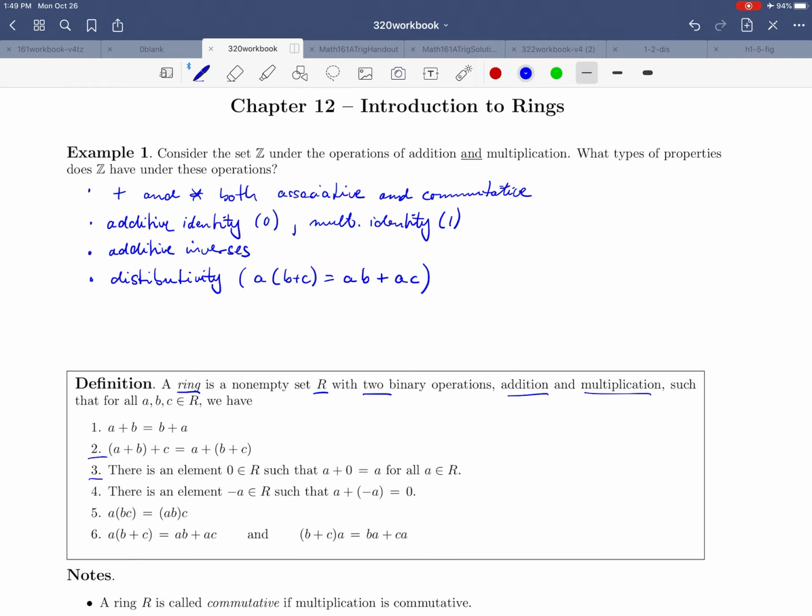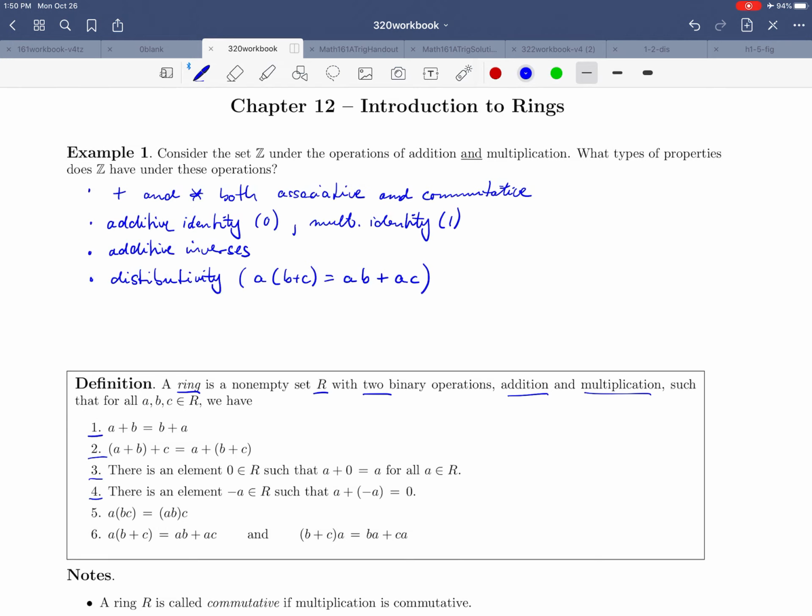Number 3, there's an element 0 in our ring such that A plus 0 is equal to A for all A in R. That is, we have an additive identity. And number 4, there's an element minus A in R such that A plus minus A is equal to 0. So we have additive inverses.